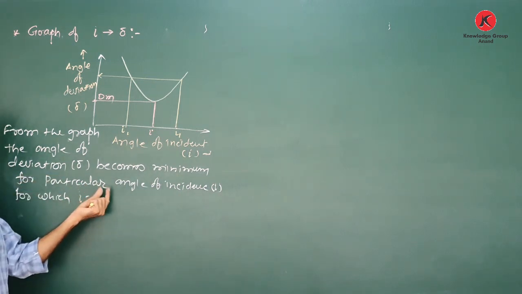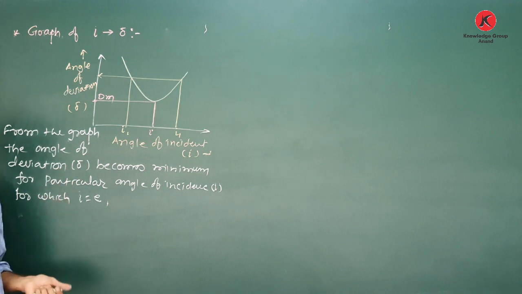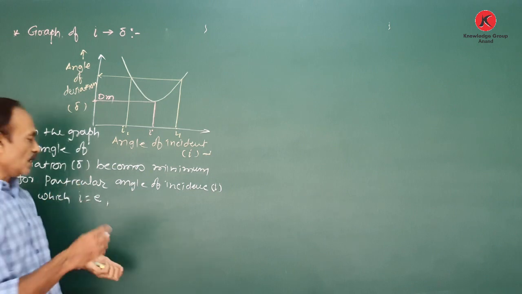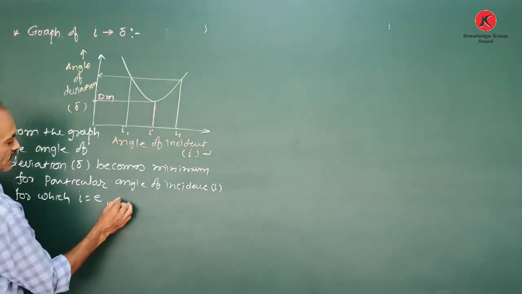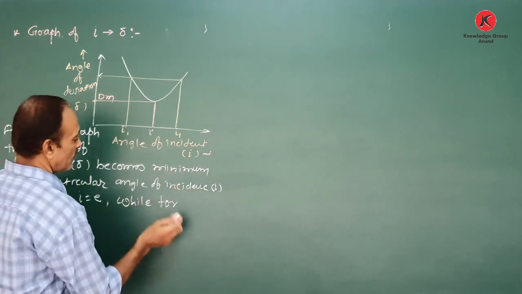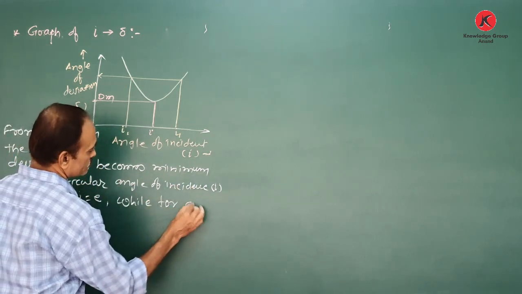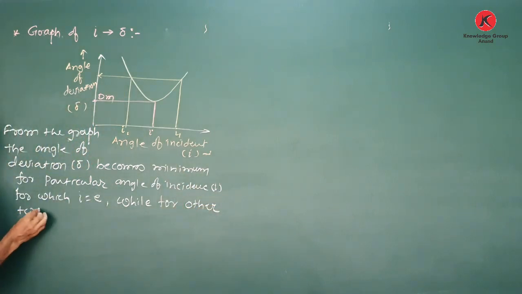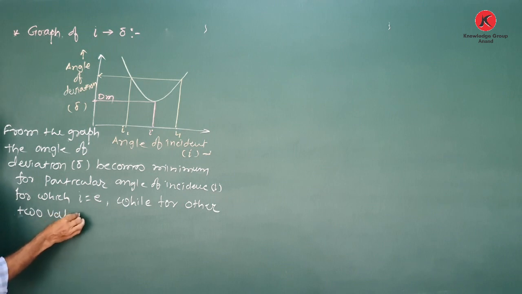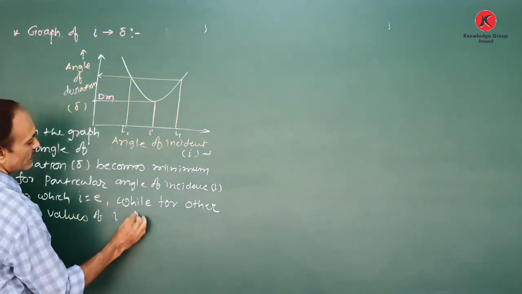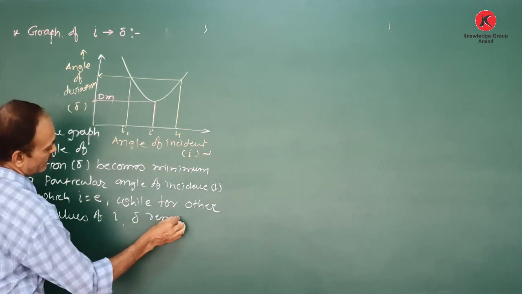Only for this angle of incidence does delta become minimum, and it is known as the minimum angle of deviation. While for the other two values of i, delta remains the same.